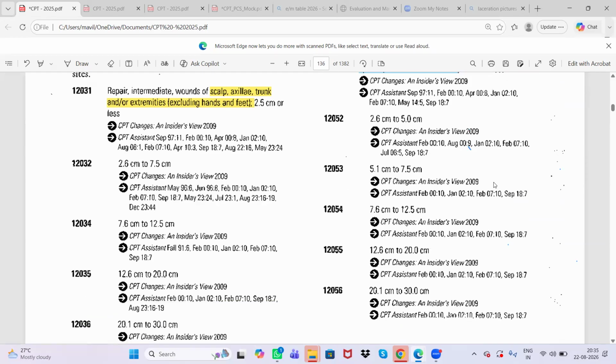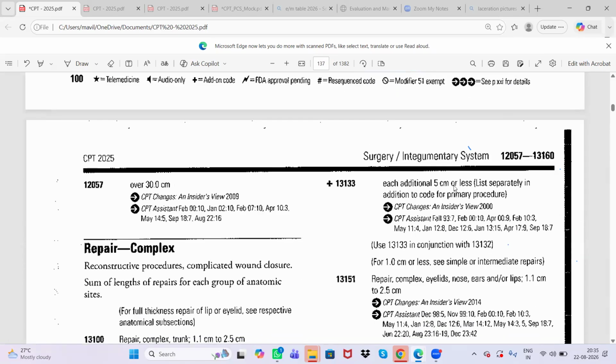When the question is asked, they won't directly tell us whether the repair is intermediate, simple, or complex. Directly, the provider won't mention it is a simple repair or an intermediate or complex repair.